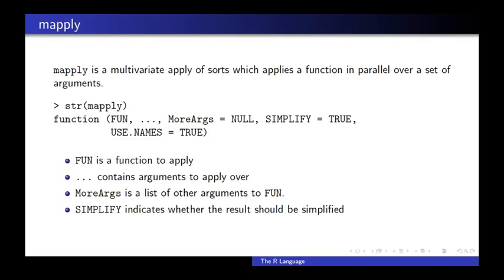The lists, or things that will be coerced to a list, are passed through the ... argument. So if you have three lists, you'll pass three objects, and your function has to take at least three arguments. The MoreArgs argument is for any more arguments that you need to pass to your function, and the simplify argument is similar to the simplify argument that you saw in sapply and also in tapply.